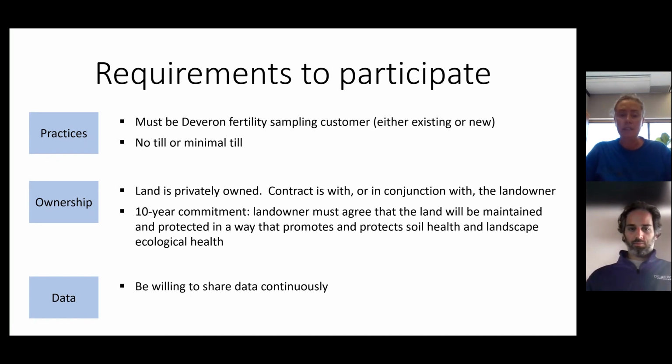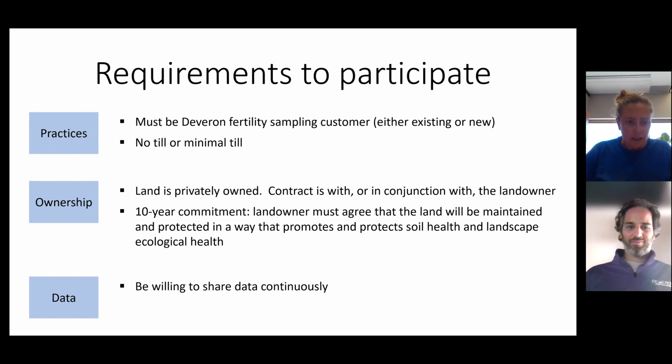If you do deep plowing or aggressive plowing multiple times a year, again, you'll be politely let go from the program, because the fact of the matter is we're trying to sequester carbon, and Devron is taking on the risk in the short term with that payment. So if you're doing some practice that we know releases carbon into the atmosphere or goes directly against what we're trying to do here, then you can't participate.